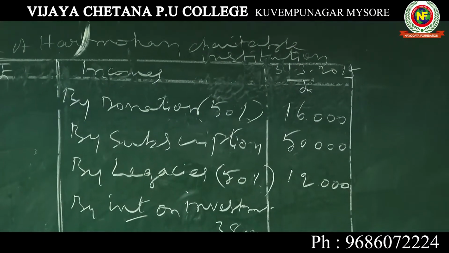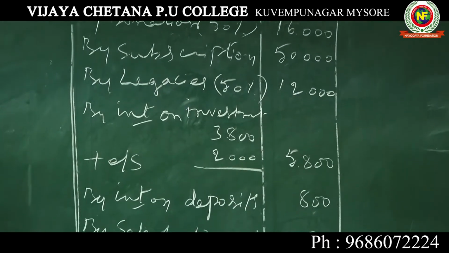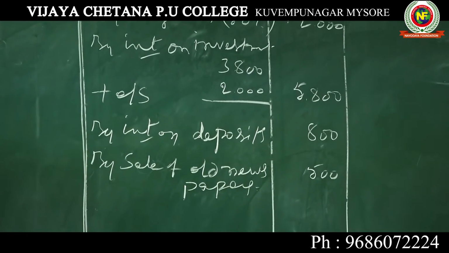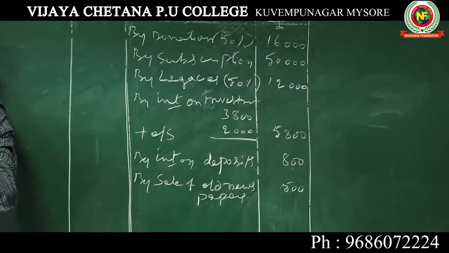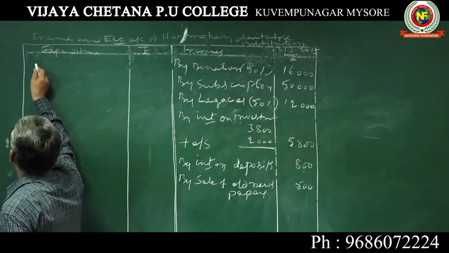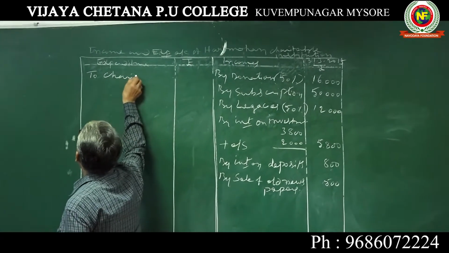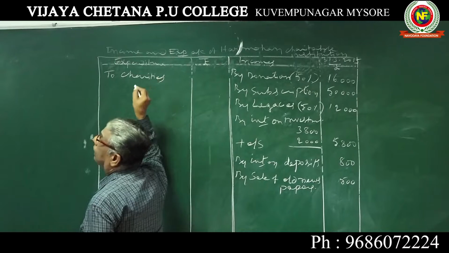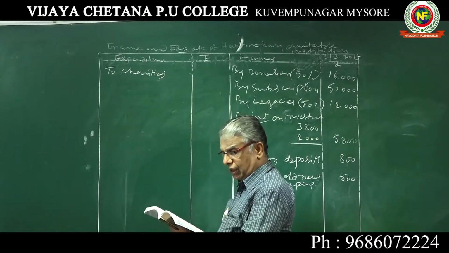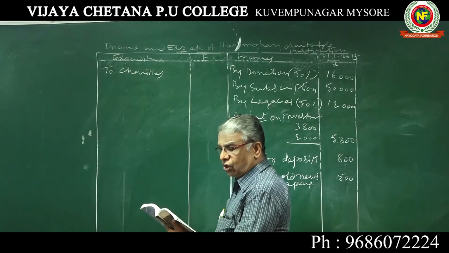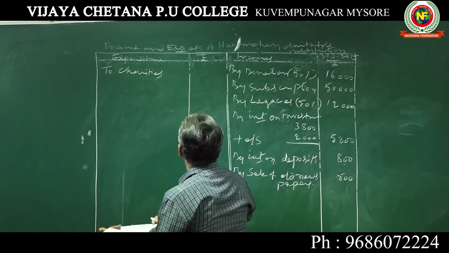It is an advance given by the non-profit organization for construction or purchase of a building. Then charities. Charities is an expenditure. It is the amount paid by the non-profit organization to other institutions. Charities is rupees 60,000.